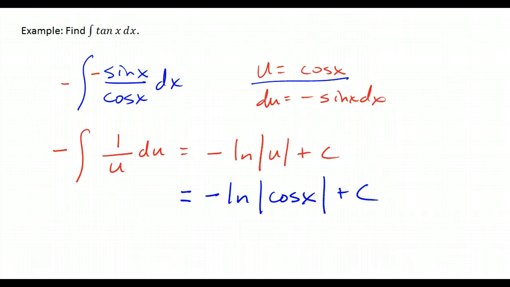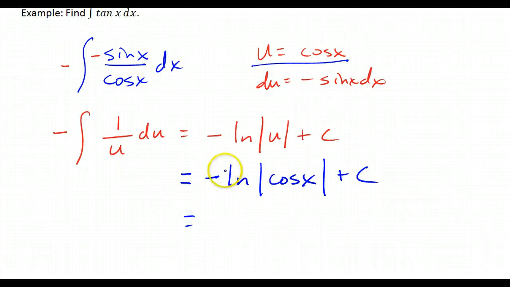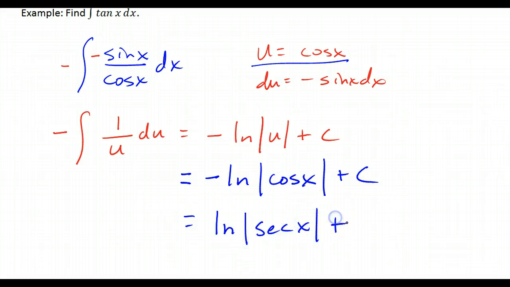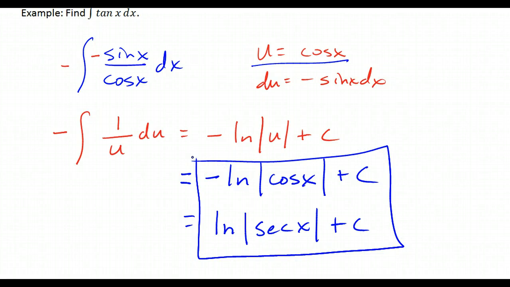And if you really want to get tricky, you can take that negative 1 in front of the log and make it the exponent of cosine, and you could write that as the positive log of the secant of x plus c. All right, that's how you use natural logs when you're integrating.